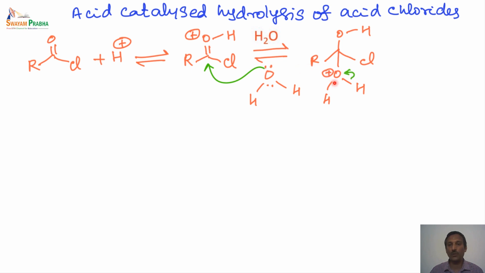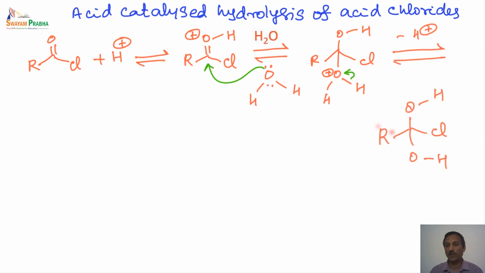So as usual, this OH bond is broken and the oxygen takes away the electrons, leading to the loss of H plus ion, which gives this particular intermediate. In this case, there are three electronegative elements present on this particular carbon, so that's why this is quite unstable.